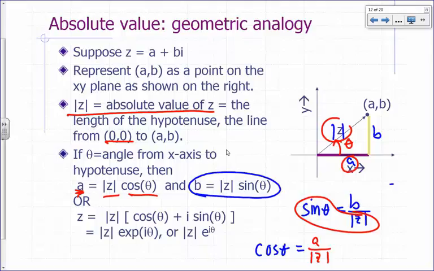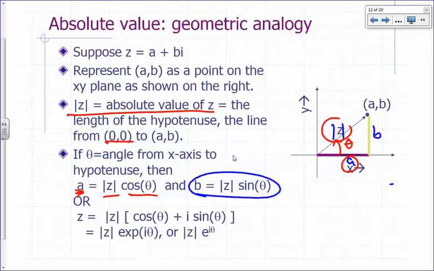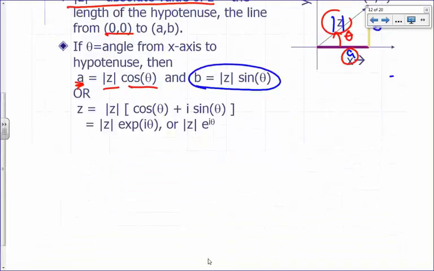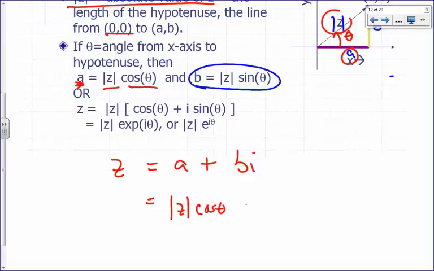So you can rewrite our expression a plus bi. This is z, so z is a plus bi. So a is the absolute value of z cosine theta, plus b is the absolute value of z sine theta times i, right?